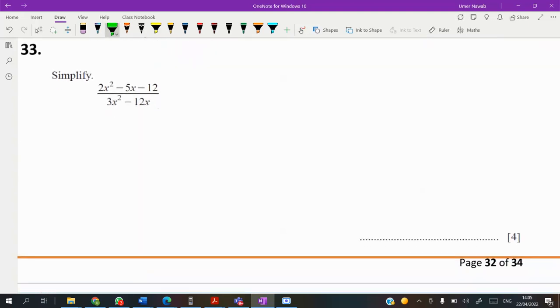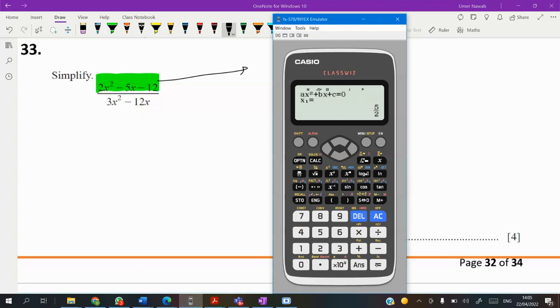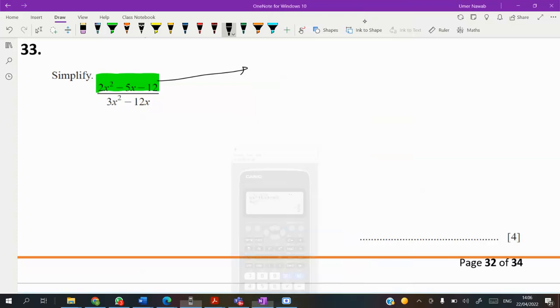Next, quadratic expression. So we have to use the calculator. 2, minus 5, minus 12, it gives us 4 and minus 3 over 2.